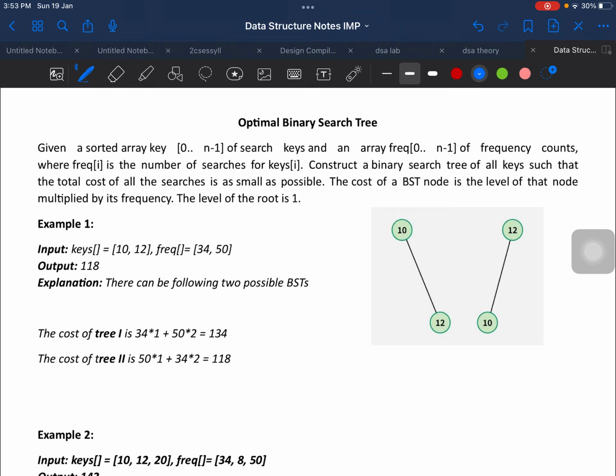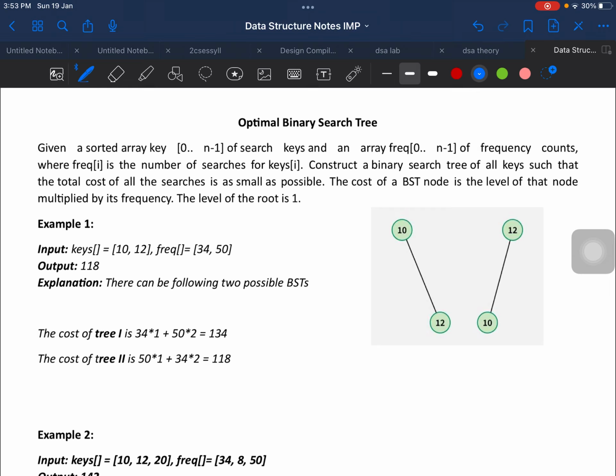So there are two separate arrays: one array holds the key values, and the second, the frequency array, holds the number of searches. Now we have to construct a binary search tree of all the keys such that the total cost of the searches is as small as possible.